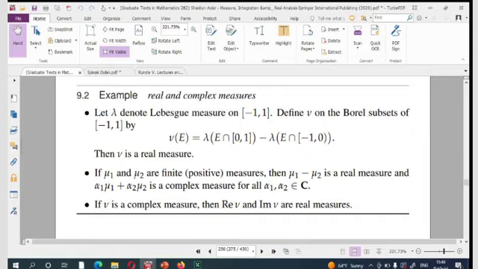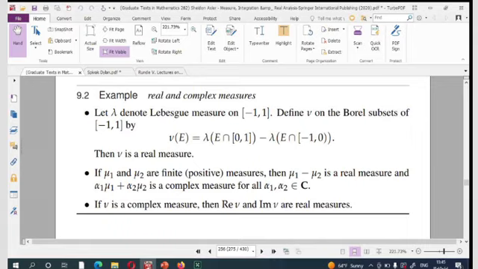Example: let lambda denote Lebesgue measure on this interval. Define nu on the Borel subsets of this interval by this equality. Nu of E equal to lambda of E intersected with this interval minus lambda of the intersection of E with this interval. Then nu is a real measure.